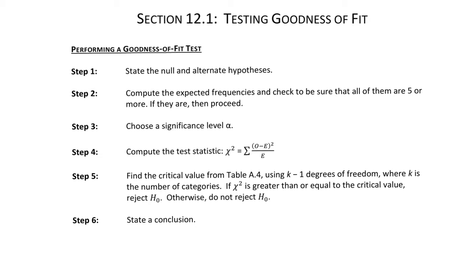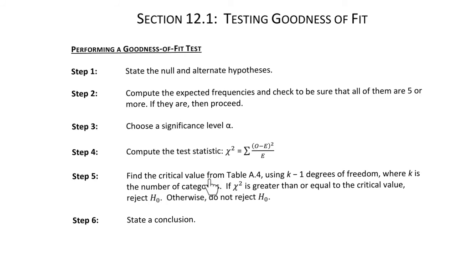Now let's look at the procedure for performing a goodness of fit test. First, state the null and alternate hypothesis. Compute the expected frequencies and check to make sure that all of them are 5 or more. If they are, then you can proceed. Choose a significance level alpha and compute the test statistic.